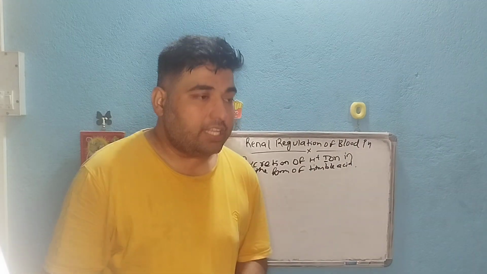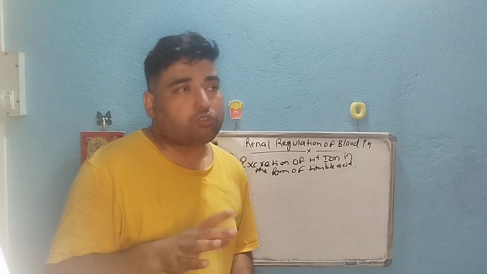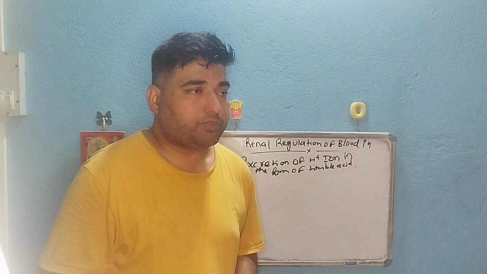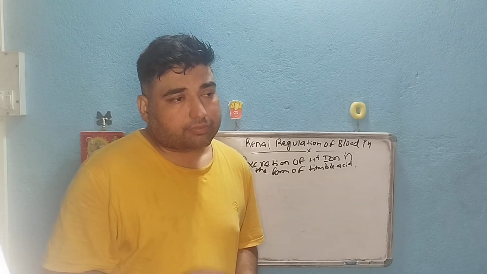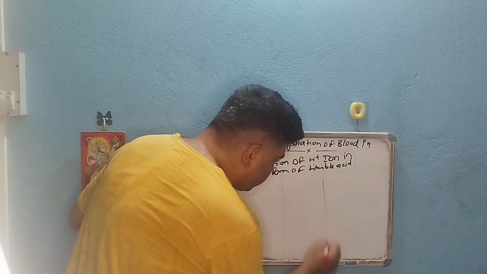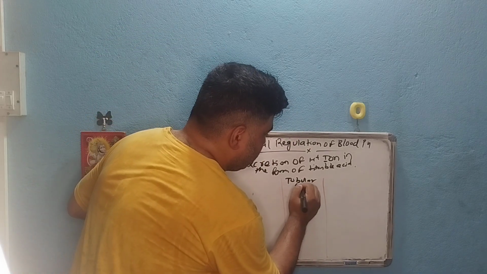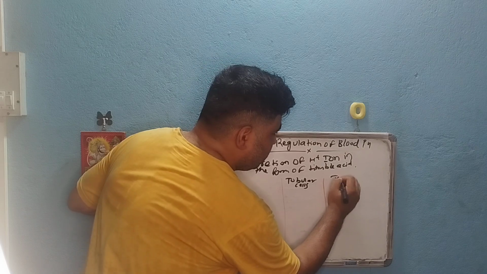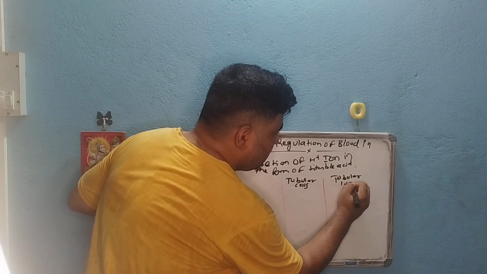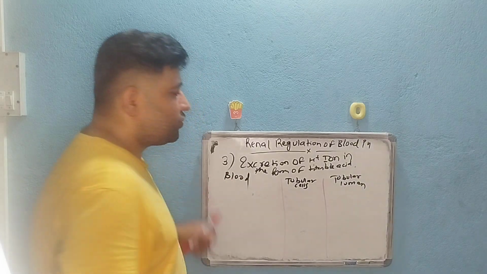The major titratable acid present in the urine is sodium acid phosphate. Here in this process, this is the tubular cells, this is the tubular lumen and this is the blood stream.